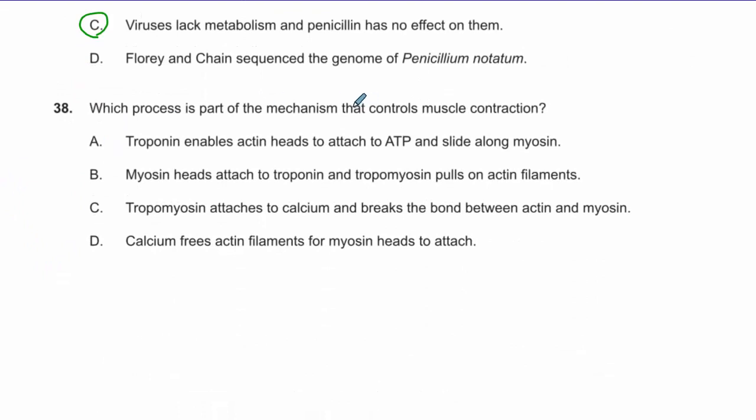38. Which process is part of the mechanism that controls muscle contraction? We just have to draw it up. Okay, so this is an actin coil.